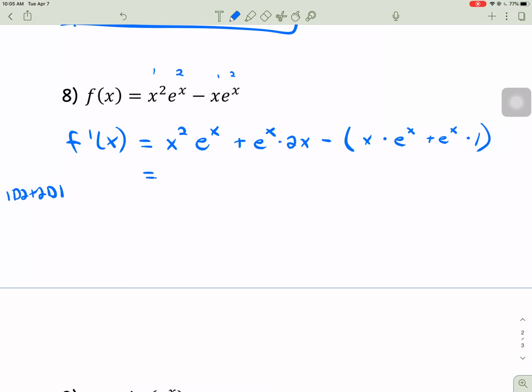So you get x squared e to the x plus e to the x. I'm going to write this as 2x e to the x, and then I'm going to distribute this negative, minus x e to the x minus e to the x.